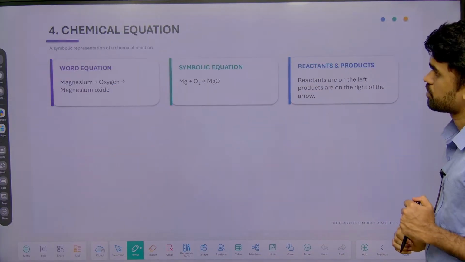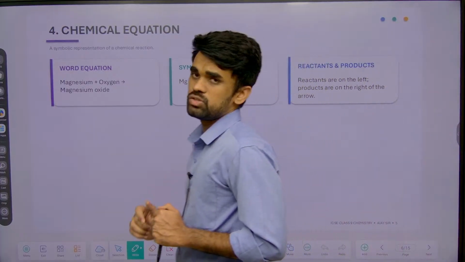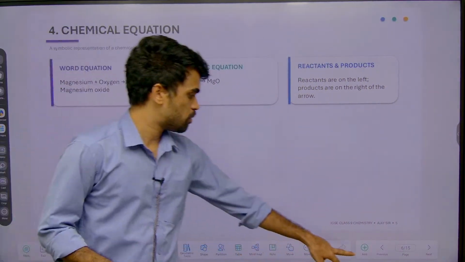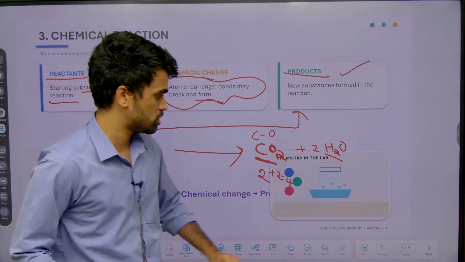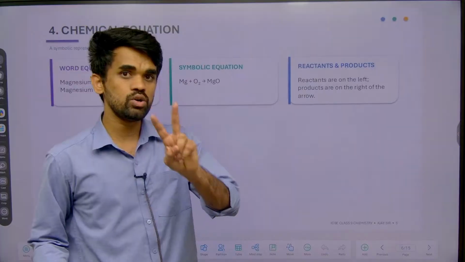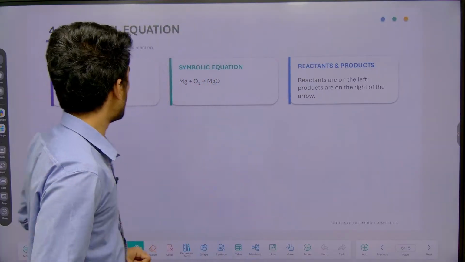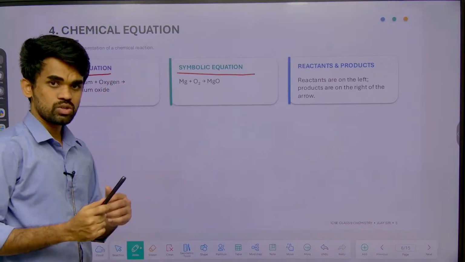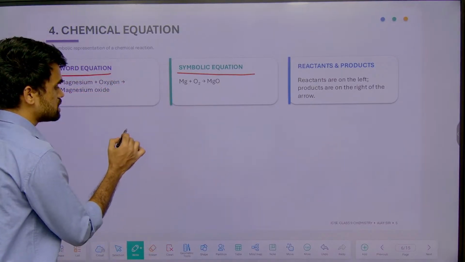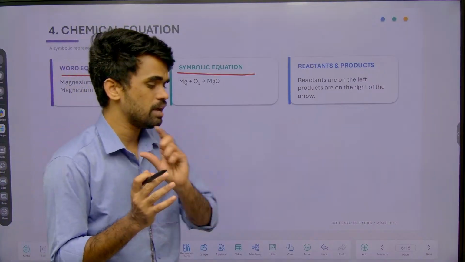Then next, what I have mentioned here is called a chemical equation. These chemical equations are of two types. One is the word equation, the other one is the symbolic equation. What do we mean by word equation? You are just writing the chemical reaction in word format.